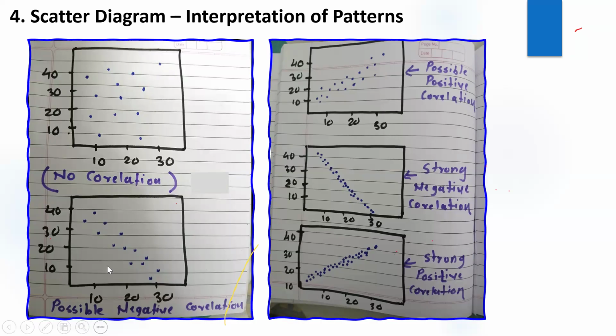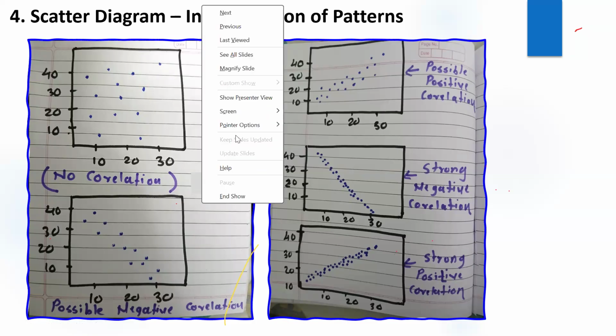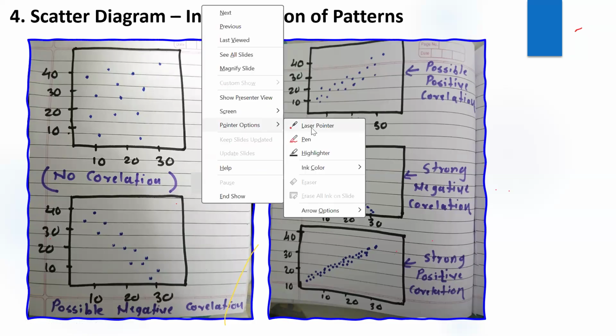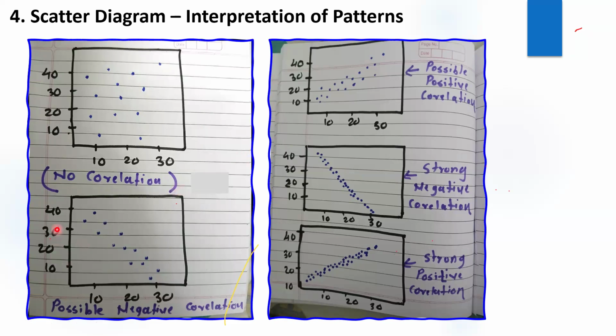So this is called a possible negative correlation because when Y increases, X decreases. So this is the negative trend. Why negative? Because when X increases, Y decreases, or when Y increases, X decreases.